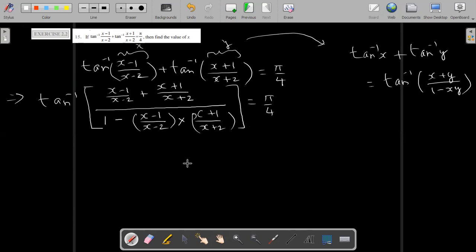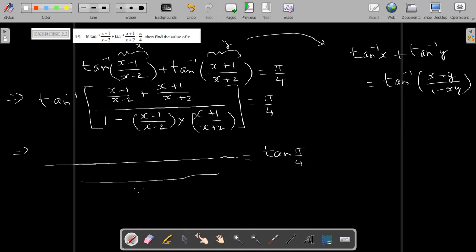Now you can bring this tan inverse to the right hand side, where it will become tan. So tan of 5 by 4 equals tan 45 degree. And as I told you before also, you have to take the LCM. The denominator LCM will become (x minus 2) into (x plus 2), and similarly in the numerator also, your LCM is (x minus 2) into (x plus 2).